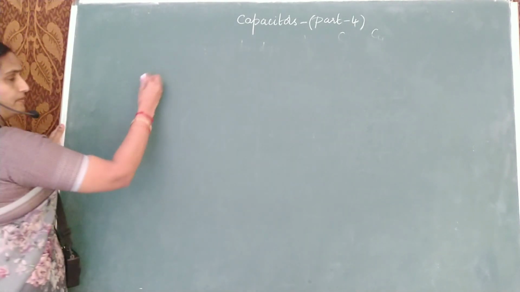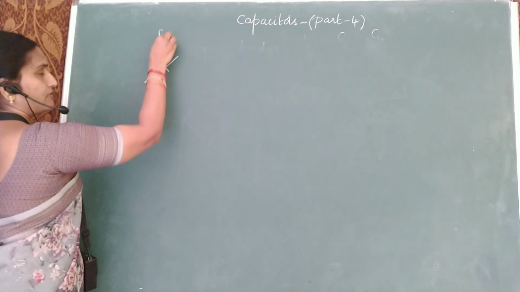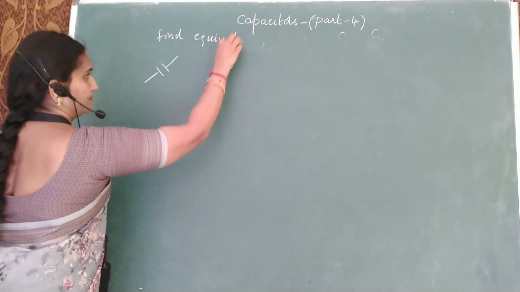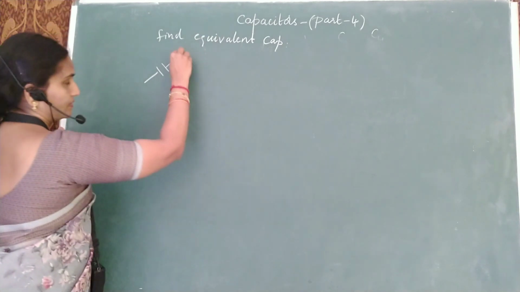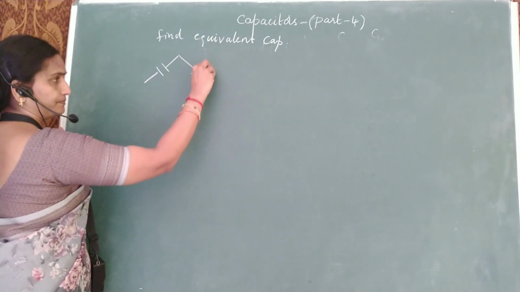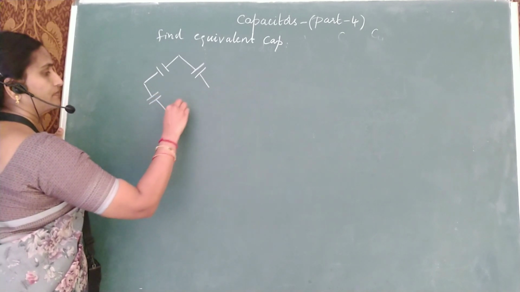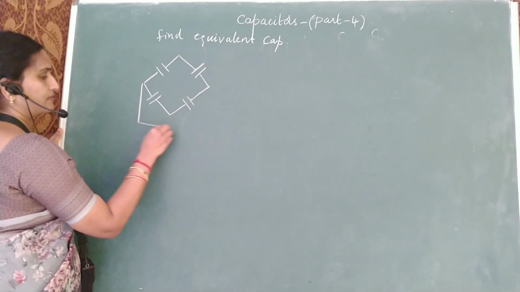Okay, so observe this question. Find equivalent capacitance for the given circuits. Okay, 4 different capacitors.